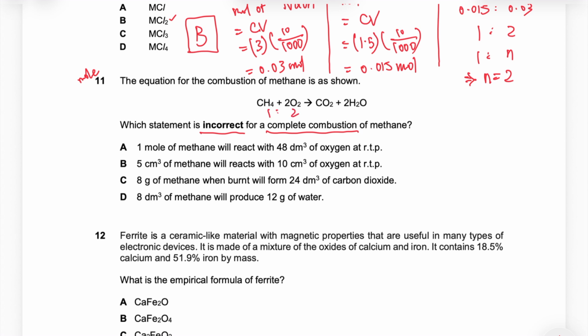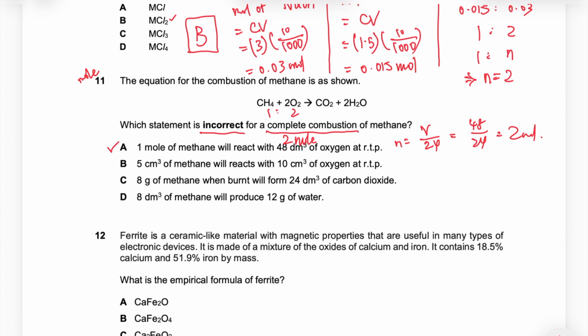So 1 mole of methane reacts with 48 dm cube of oxygen. You want to find the mole. Mole equals V over 24, which is 48 over 24 equals 2 mole. So it's 1:2 mole, 2 mole of oxygen. So A is correct, so A is not the answer.